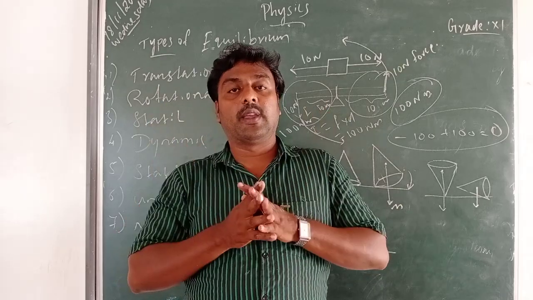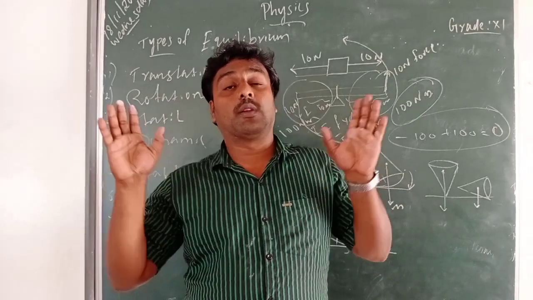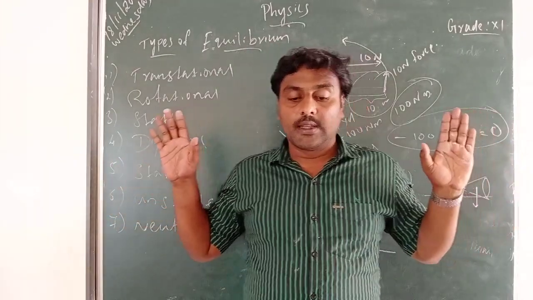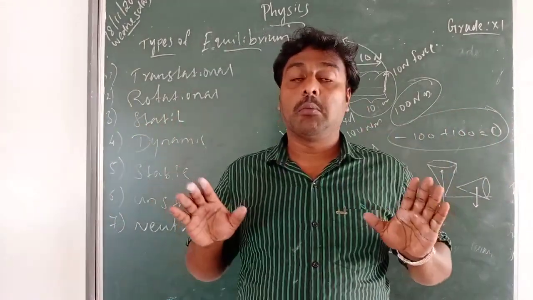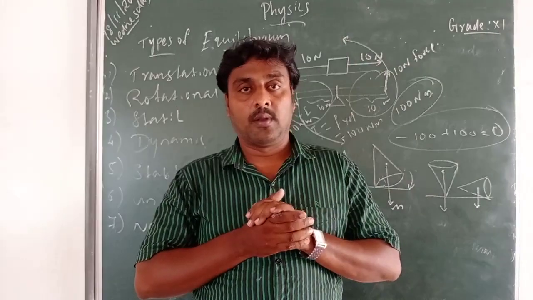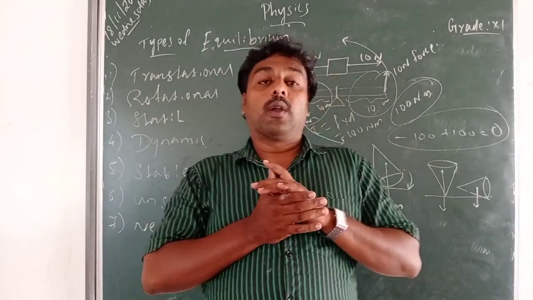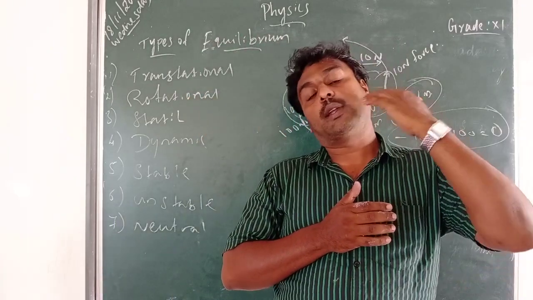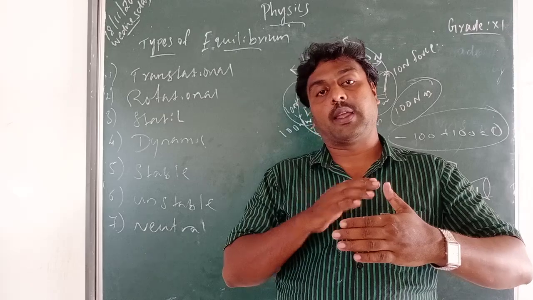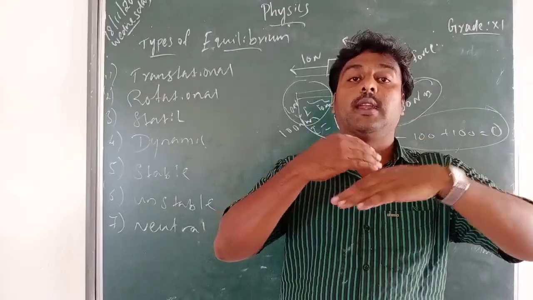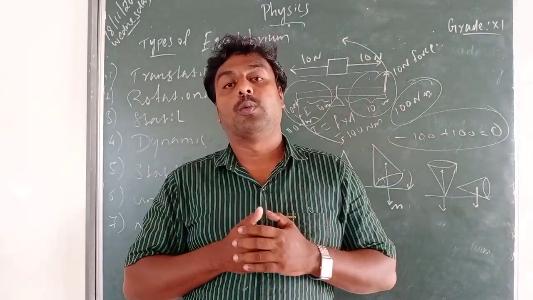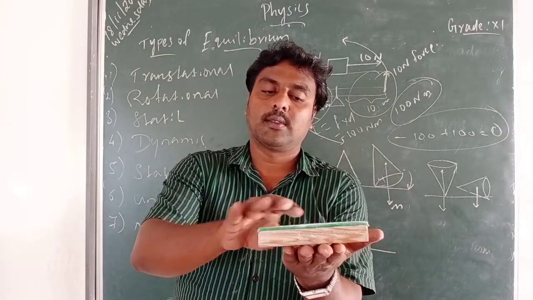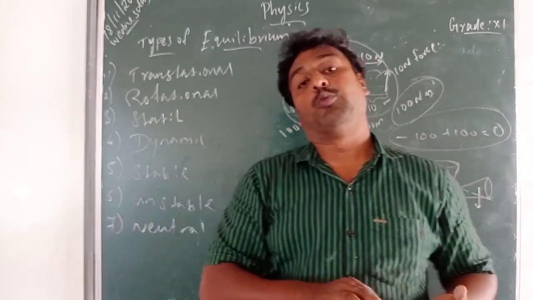This state we call neutral equilibrium. Center of mass stays at the same position, so the potential energy remains the same even if you disturb. Linear momentum and angular momentum are both 0, and even if slightly disturbed, it remains the same in this equilibrium position.